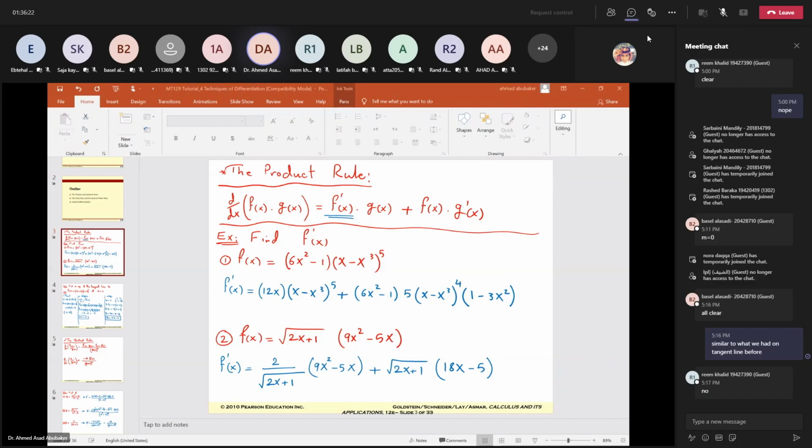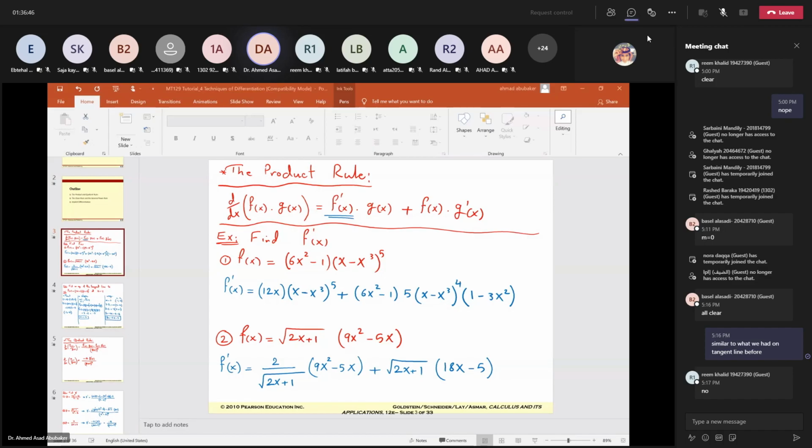Now we finish the chapter tutorial. Before we finished tutorial number 3, and now we finish tutorial number 4. Tutorial number 4 has 4 main subjects, all of the new techniques to find the derivative: product, quotient, chain rule, and implicit differentiation.